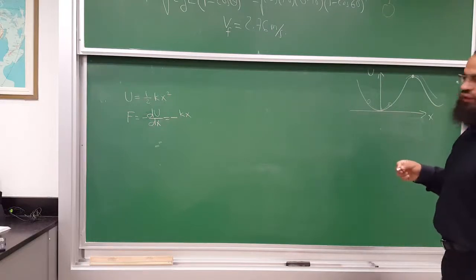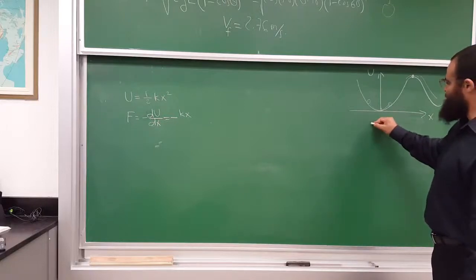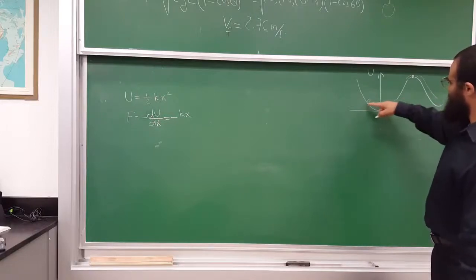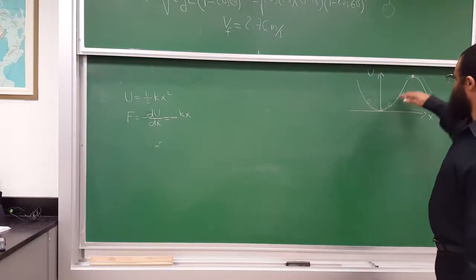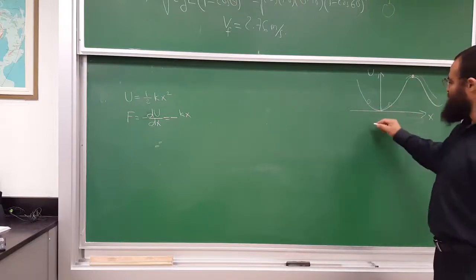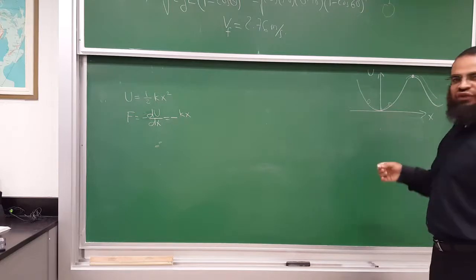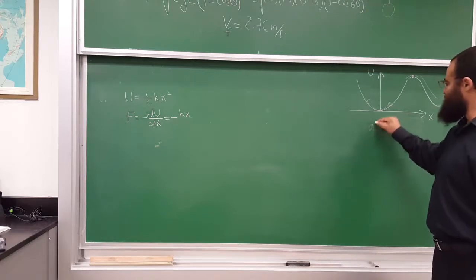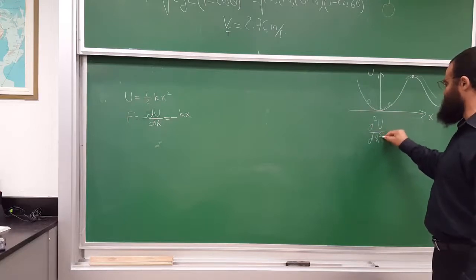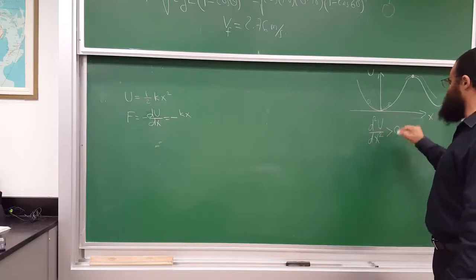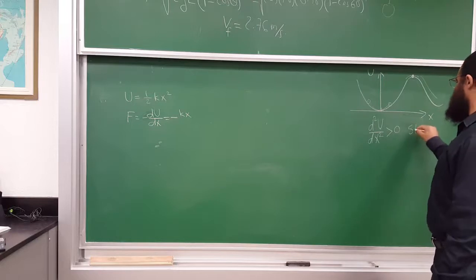The way you figure whether it's stable or unstable is, remember how you know if it's concave up, then it will be stable. If it's concave down, it's unstable. So concavity: if the second derivative of U with respect to x is greater than 0, then the equilibrium is stable.